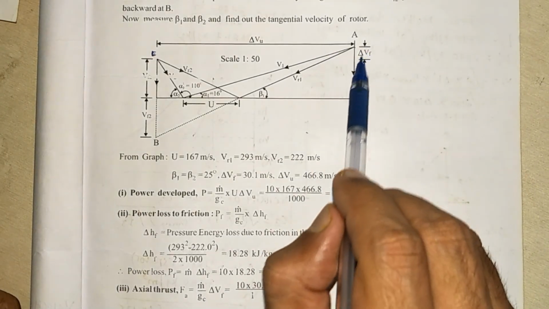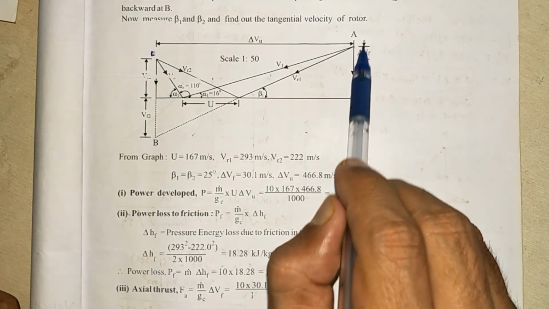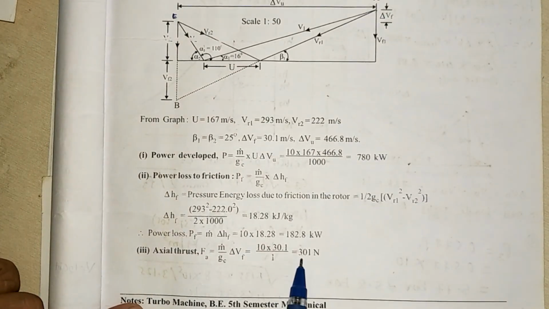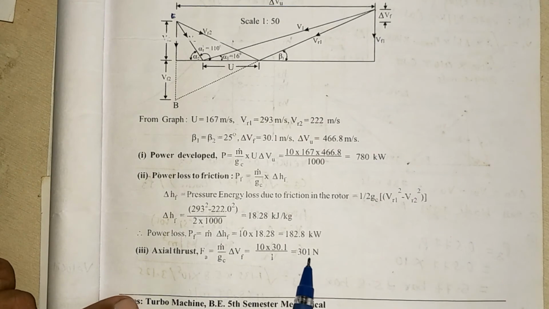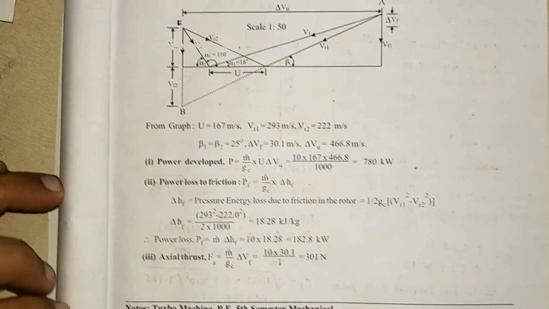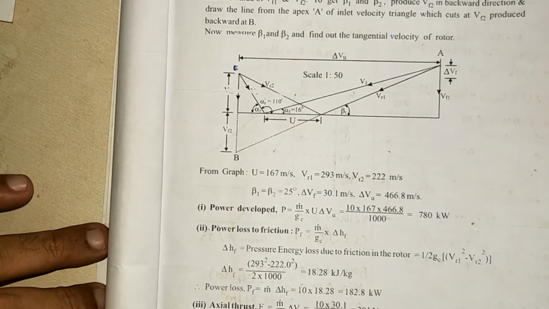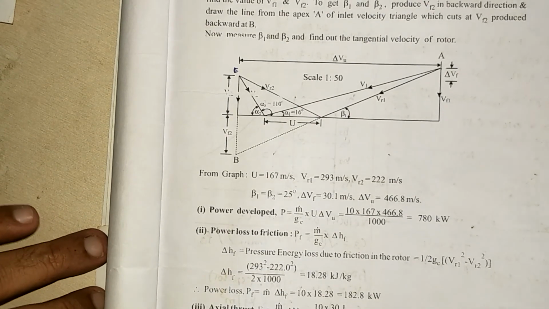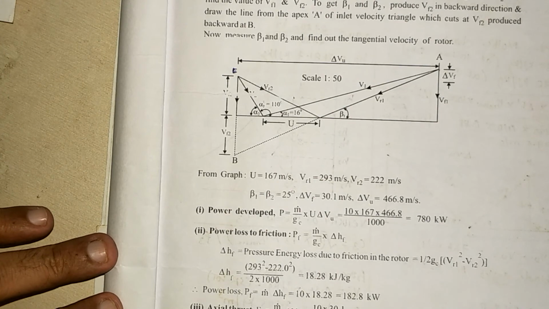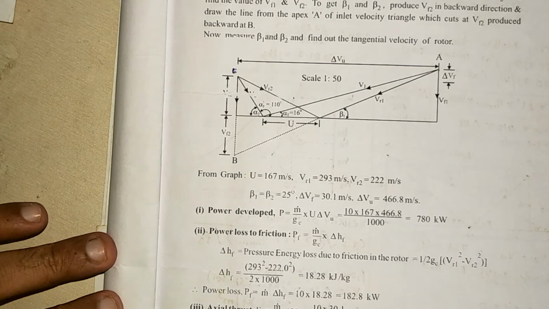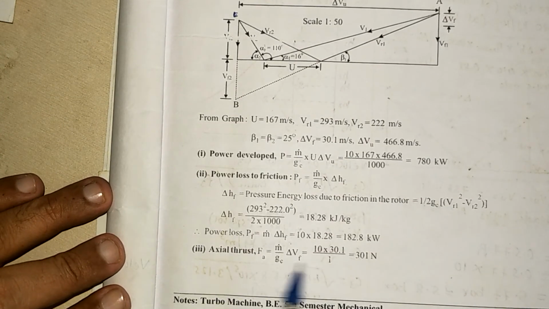So vertical distance, this is delta VF. You are going to get the value of delta VF as 301, right? But what we have solved, we are getting 400. So some error I think has occurred there. If you draw the velocity triangle properly, you will get somewhere around 301 newtons. That is the axial thrust value.